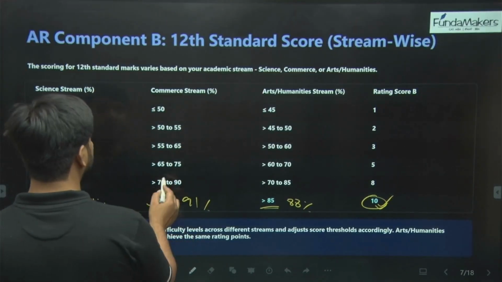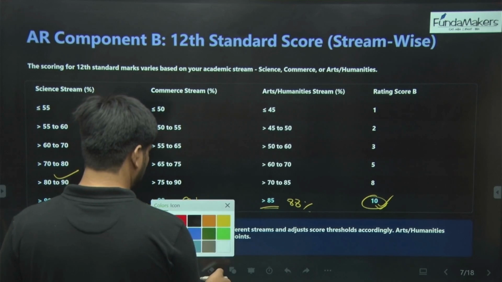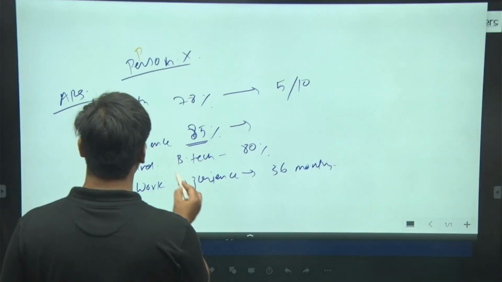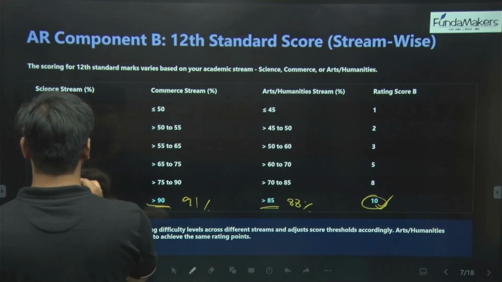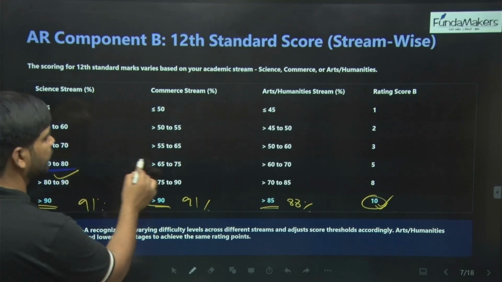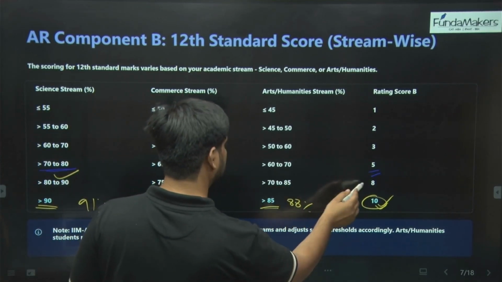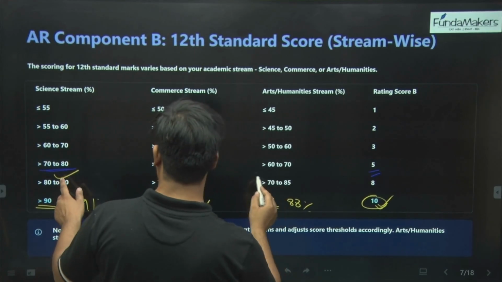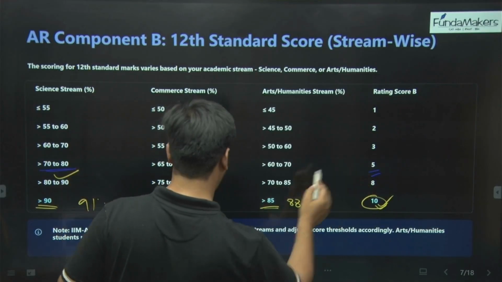No, we are talking about the 12th science stream. 70 to 80 in science stream will give him 5 points.